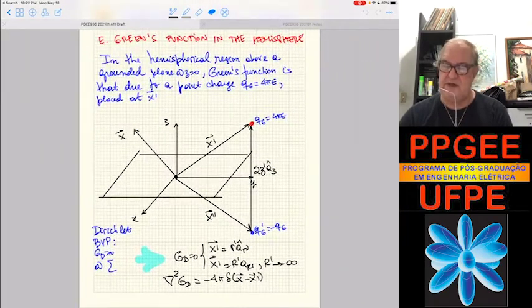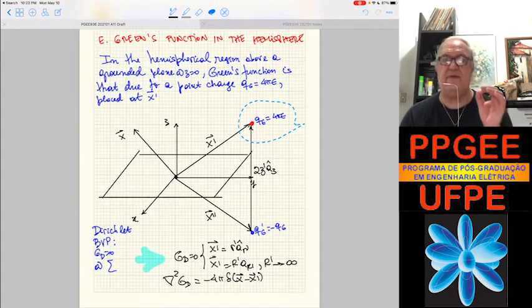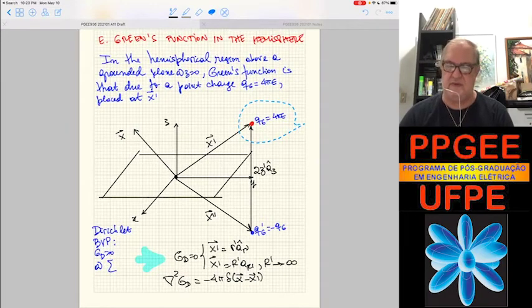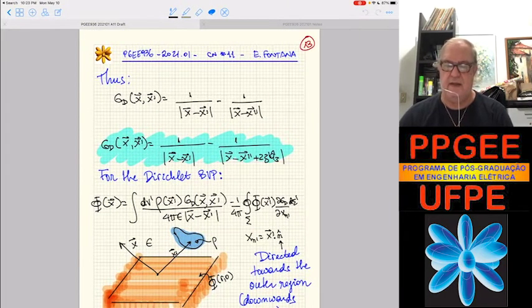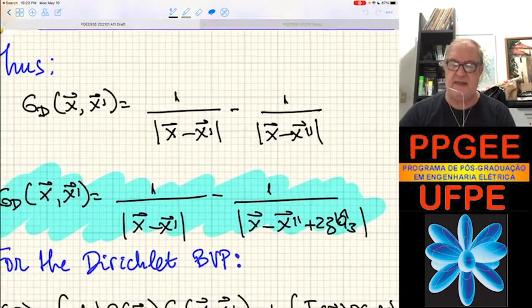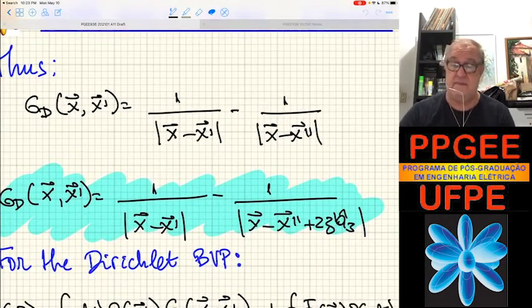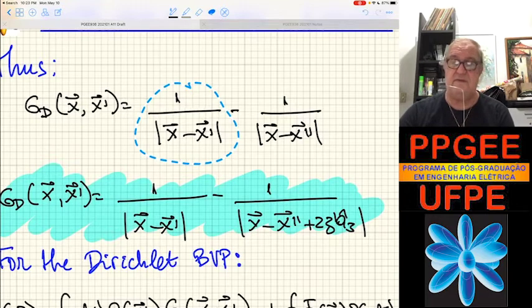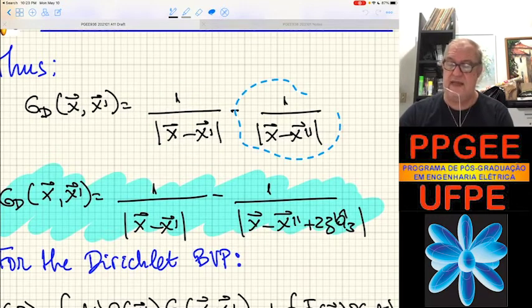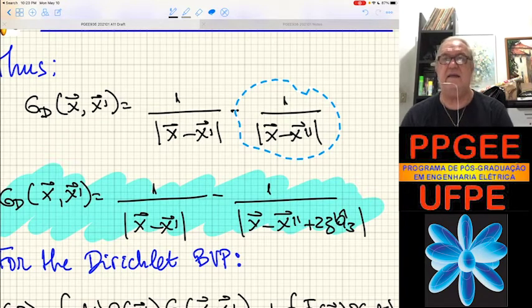If we use a point charge like this, the problem we just solved can use this Green's function. The Green's function is something like this: the direct function, and the other function that makes the potential equal 0 at the ground surface.